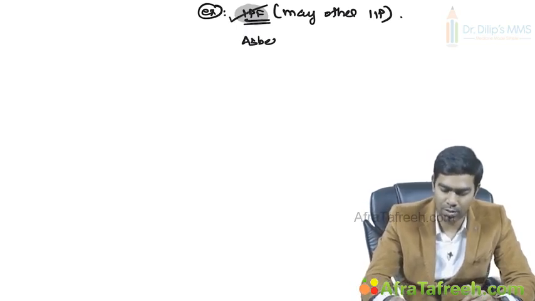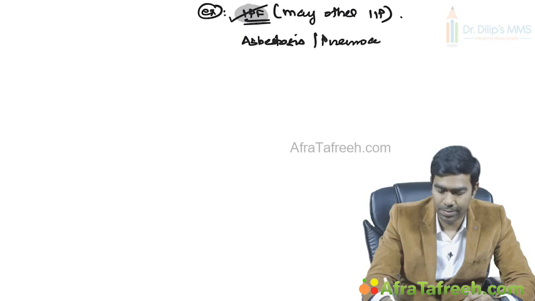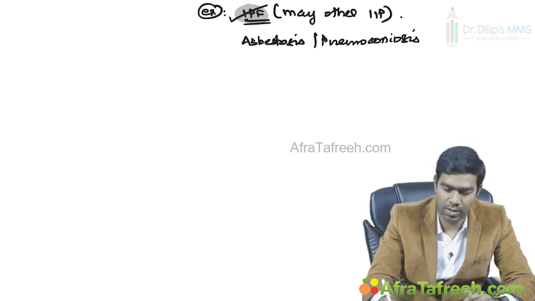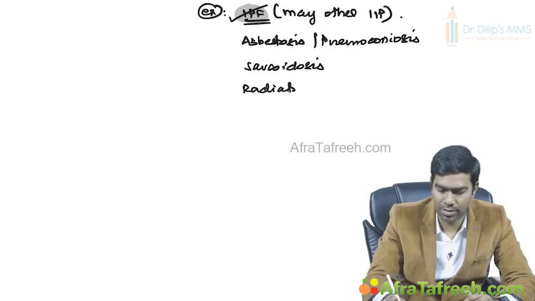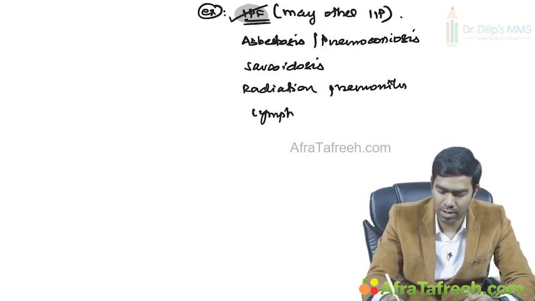Then you can get with asbestosis. You can get with other pneumoconiosis. You can get with sarcoidosis. You can get with radiation pneumonitis. As I told you, there is one important differential diagnosis that is called lymphangitis carcinomatosis.